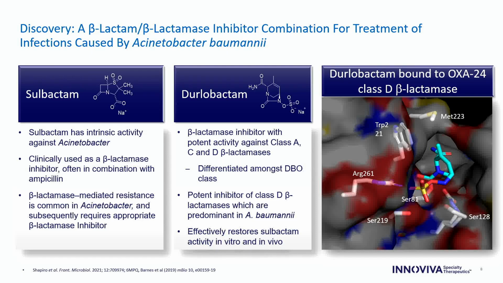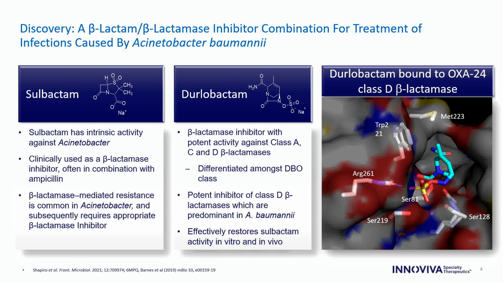Starting with discovery, you needed an appropriate beta-lactam, beta-lactamase inhibitor combination. Sulbactam has been around for decades, typically marketed or dosed as a beta-lactamase inhibitor, oftentimes in combination with ampicillin. What's unique about sulbactam is that, while typically used as a beta-lactamase inhibitor, as a beta-lactam antibiotic it actually has significant potency against Acinetobacter.